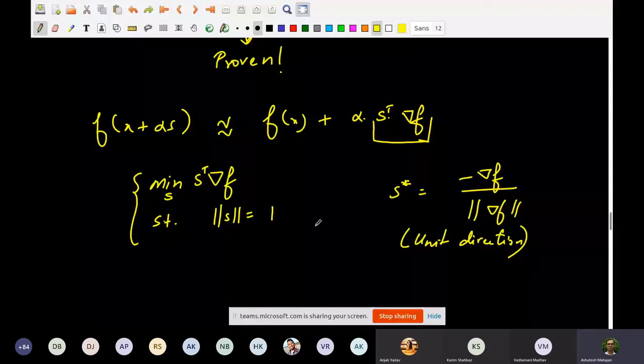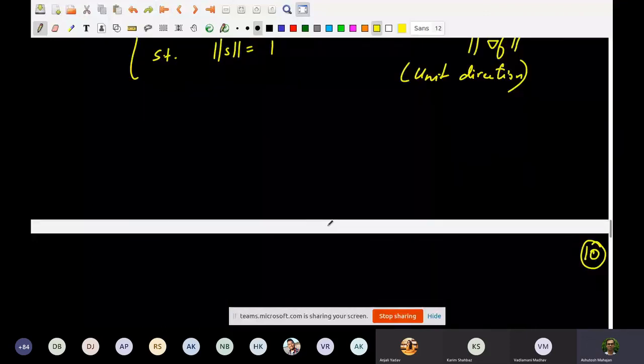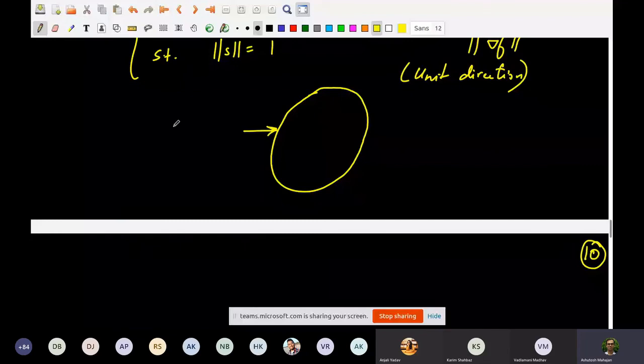So let's draw a contour and try to see its interpretation. Suppose some two-dimensional function is given to us, and this is a contour. That means this is a curve for f equal to a constant, let's say f equal to 2. These are all the points where the function is taking value 2, and suppose currently I am here.